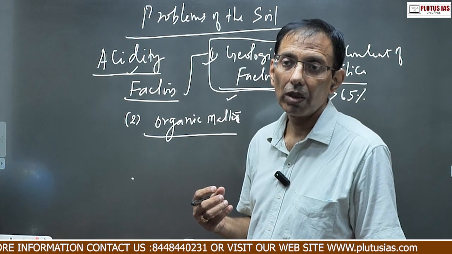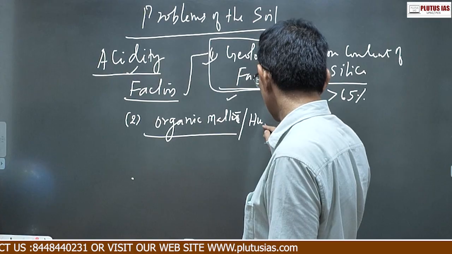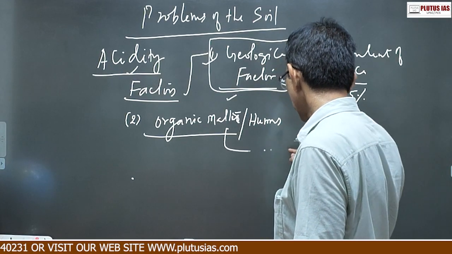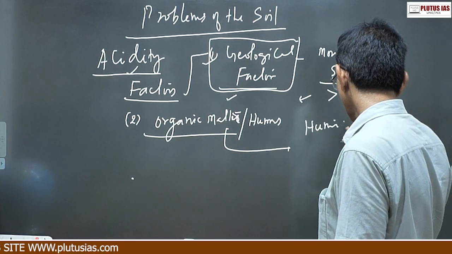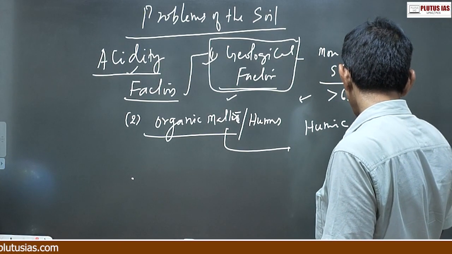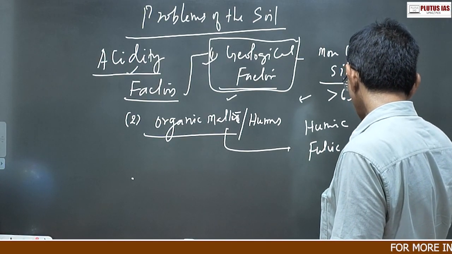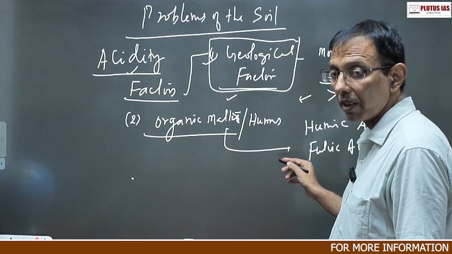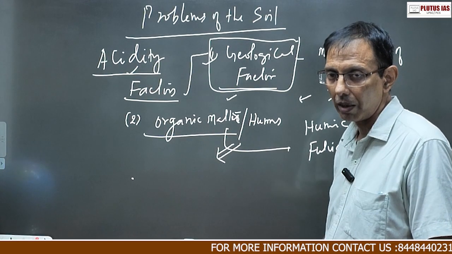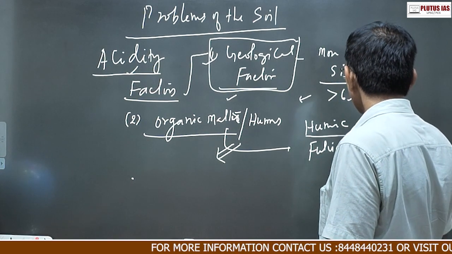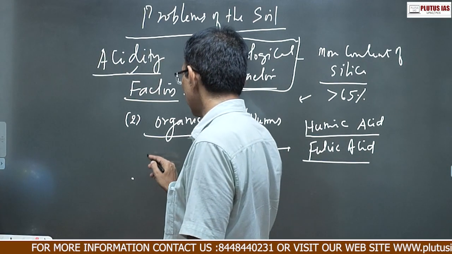Organic matter and humus contain humic acid and fulvic acid. Although they are weak acids, still with the continuous presence of organic matter supplying humic and fulvic acid to the soil, the soil is becoming acidic, right?